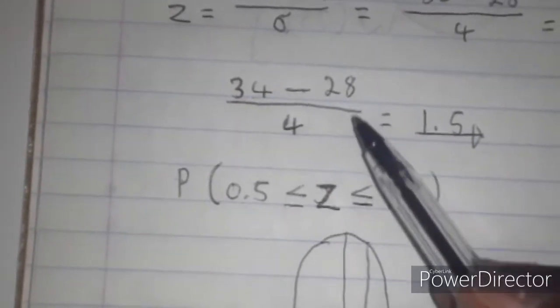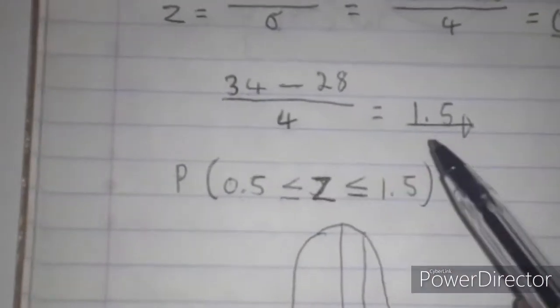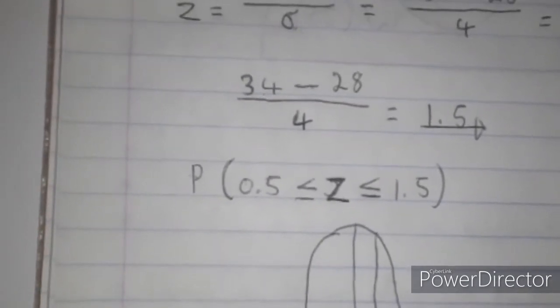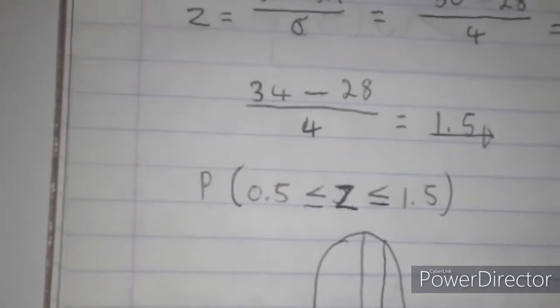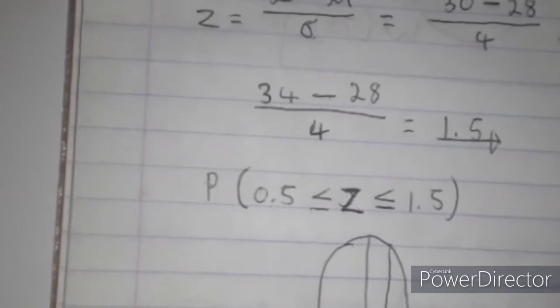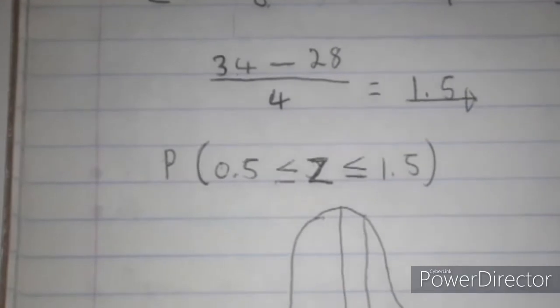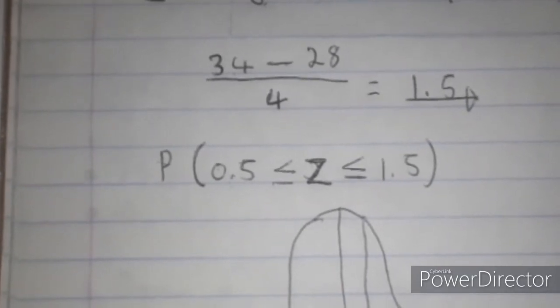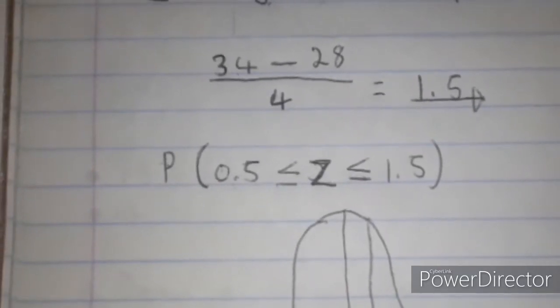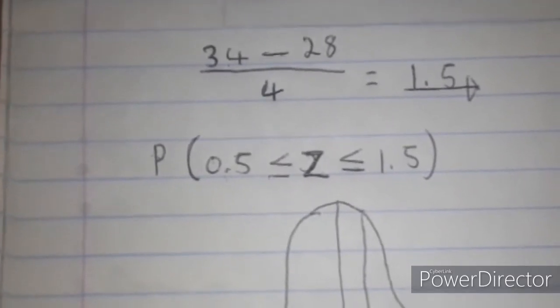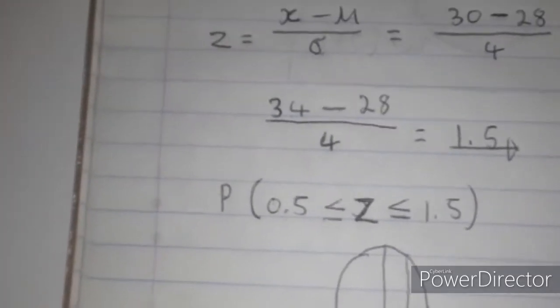So the z value of 34 is 1.5. These are the z values. In the middle is 0. Then by 30 we got 0.5. By 34 we got 1.5.